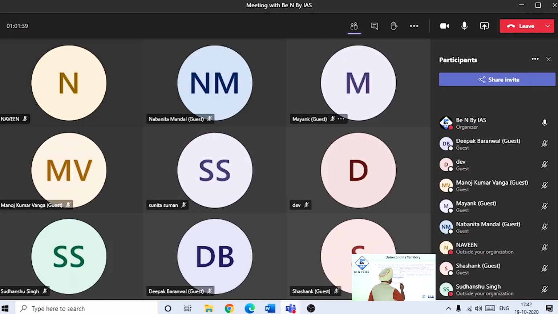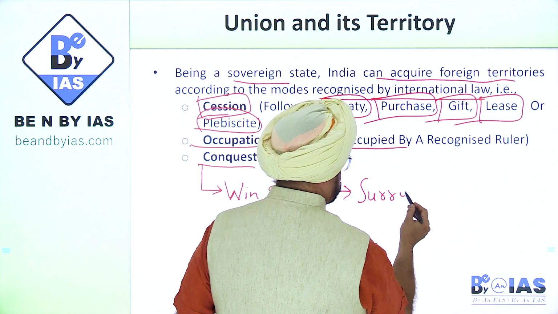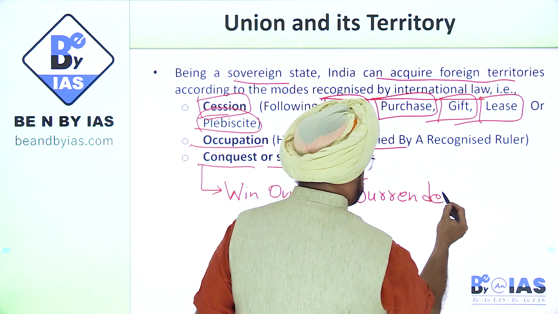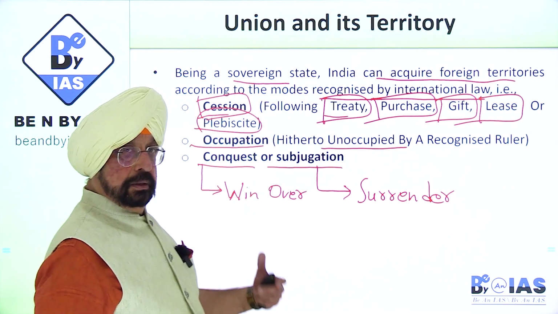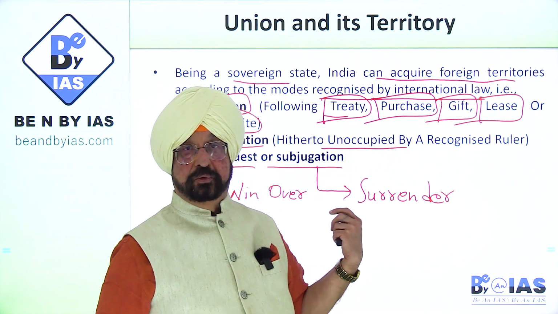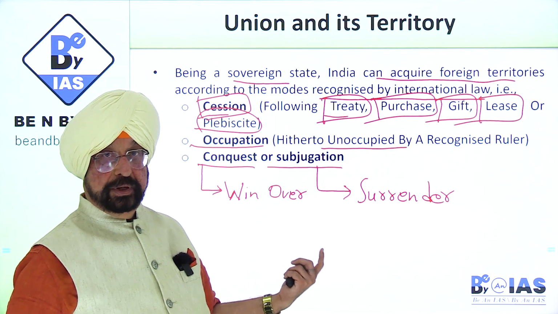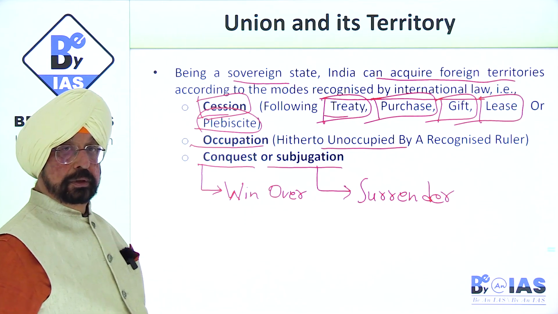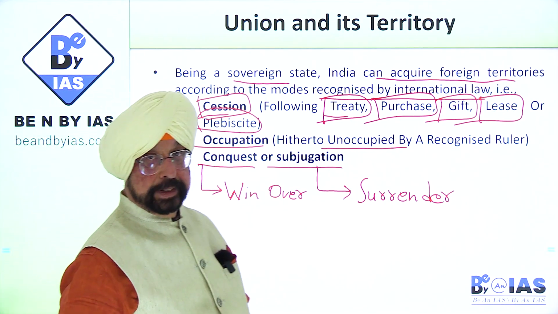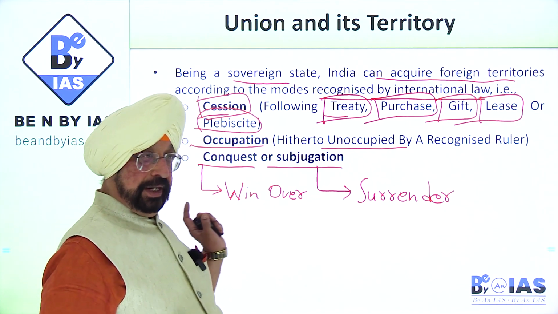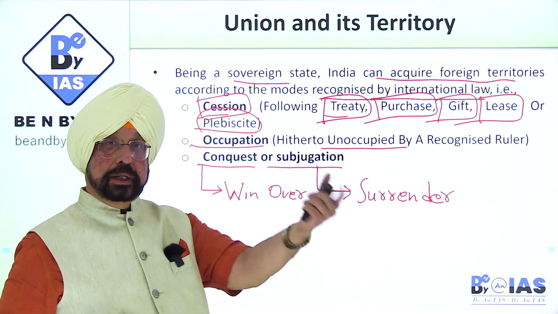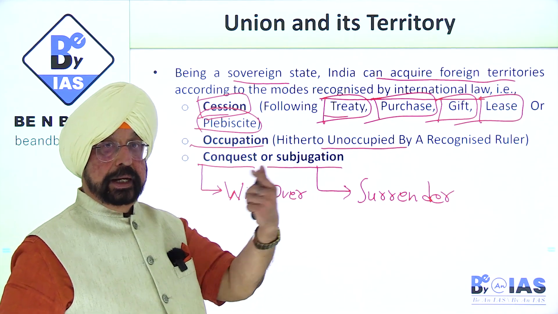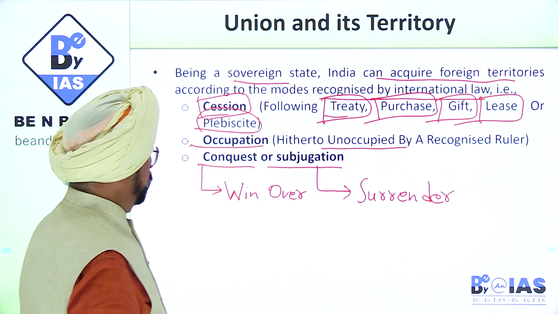And subjugation is that they themselves surrender it to you. But that is primarily due to some violent means, by way of war, by way of aggression, or any other mode of forceful occupation. So either the one nation will go and conquer that, or the nation which is already owning that can subjugate to the other nation.